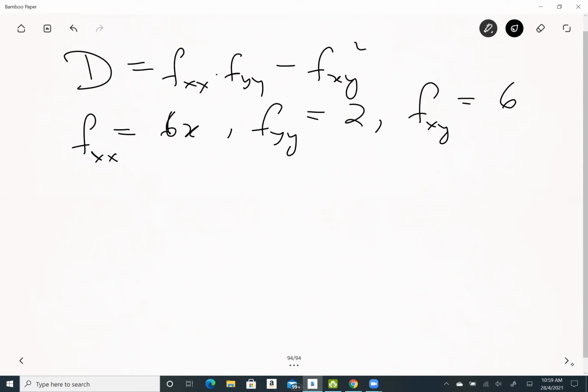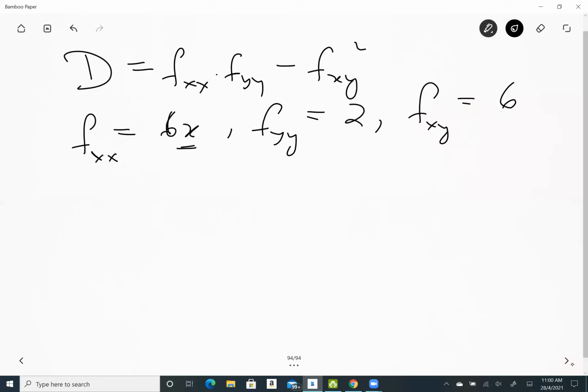So you see here, which is different from the earlier examples, one of the second partials is not a constant. It's a function, a variable in terms of x. So you have to evaluate at each of the points.